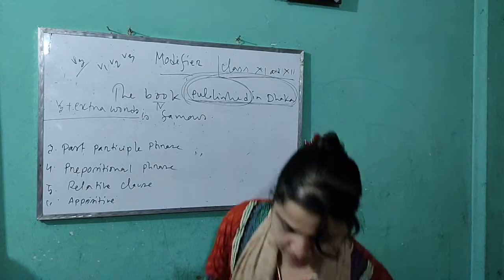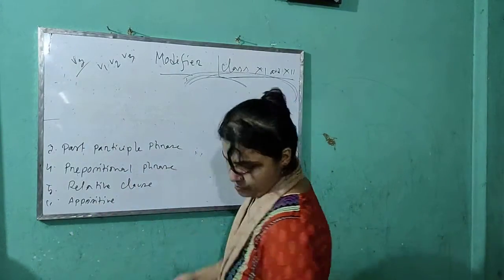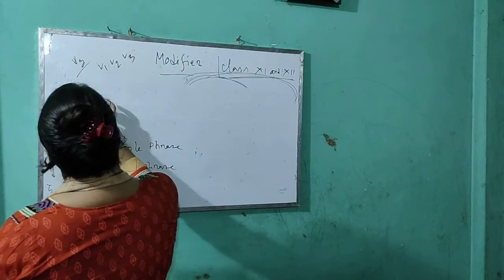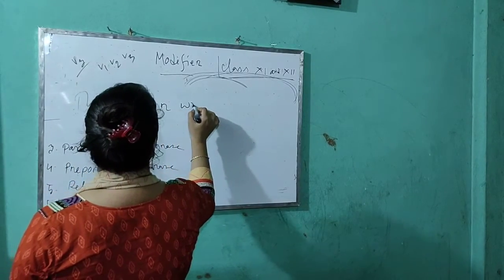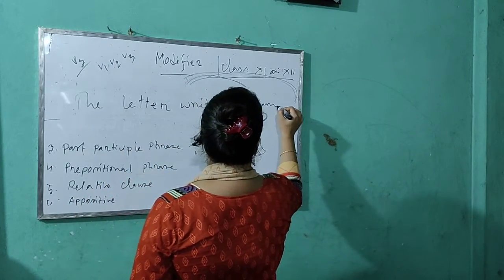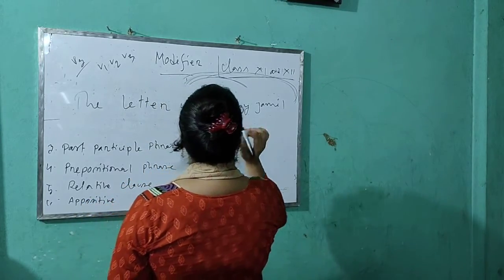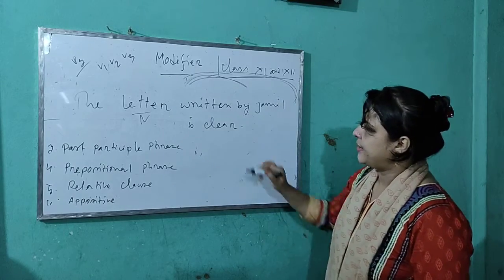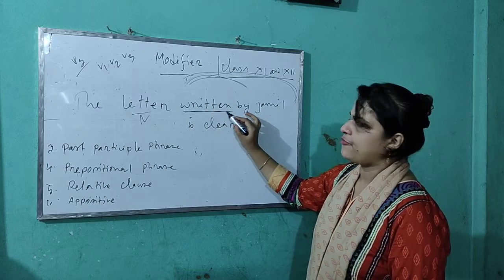So here you see letter, this is noun, and written, this is the past participle form of verb.